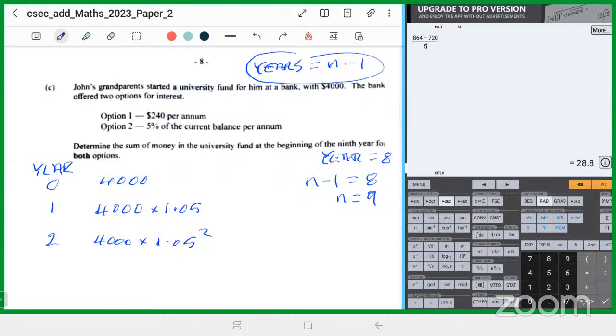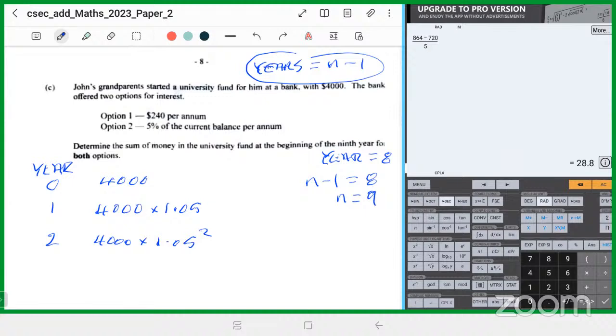You have completed 8 years, and your term number is 9. You're at the 9th term. So your n equals 9. So you're looking for the term number.